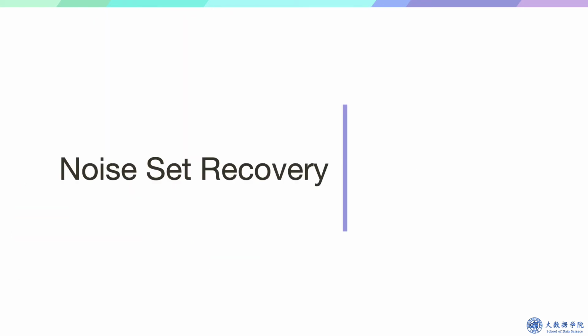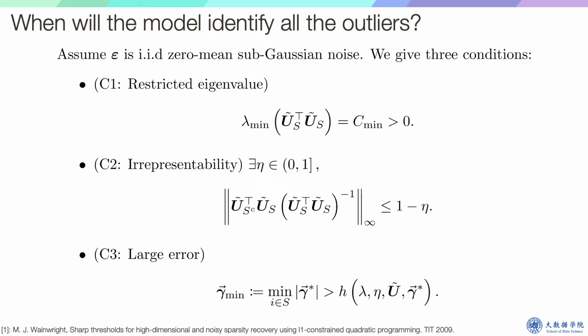As ours is a statistical method, we have very nice theoretical properties to identify the noisy subset, that is, the noisy set recovery. A problem is, when will the model identify all the outliers? Our results are based on the model selection consistency of the Lasso model.